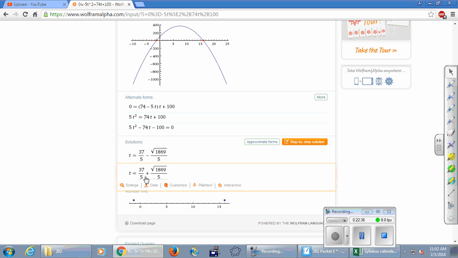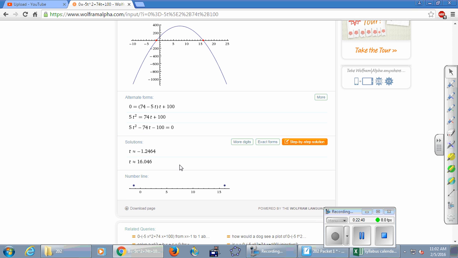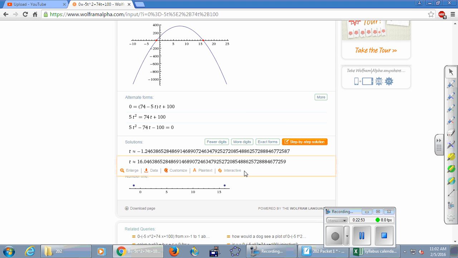Here are the exact solutions. That's not so useful to us, so you just click approximate forms and it says, okay, those are the 2 numbers. So 16.046, just write that down. T equals 16.046. If you like more digits, you just click the more digits button and you'll get lots of digits.